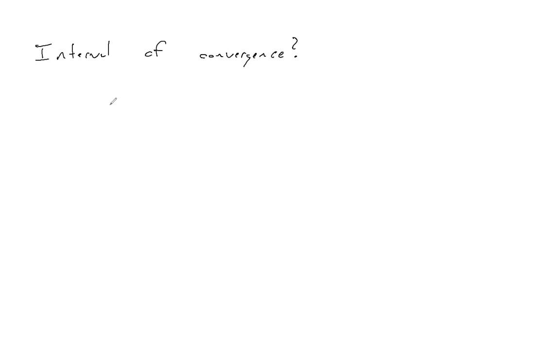Okay, let's start talking about how we find these properties. How do we find the interval of convergence for a power series, and how do we find what function it's equal to? Let's start with the interval of convergence first.